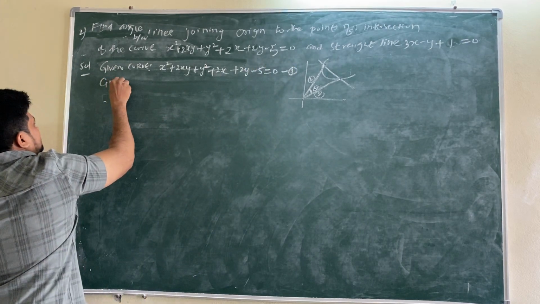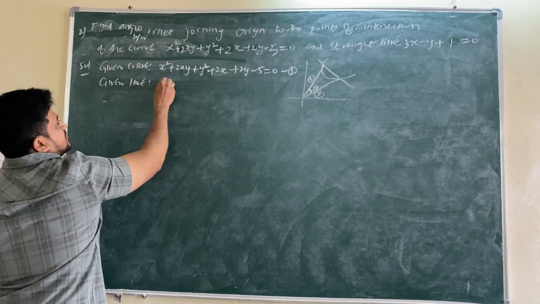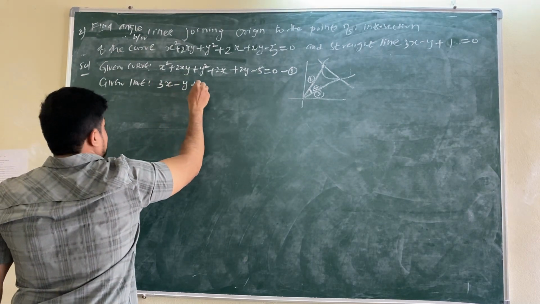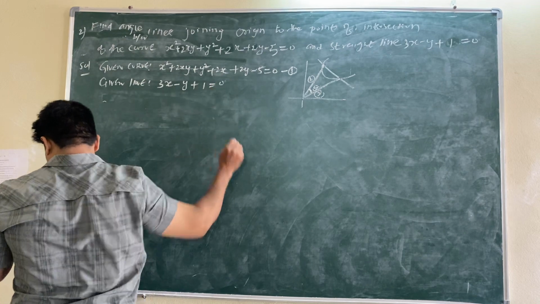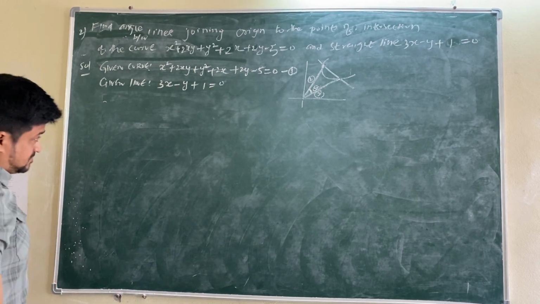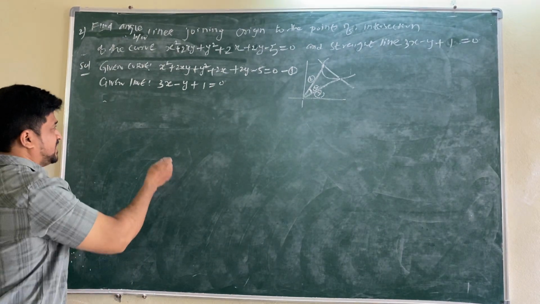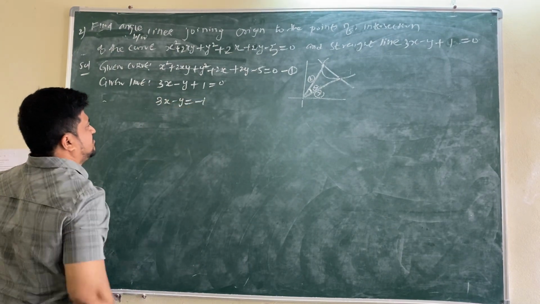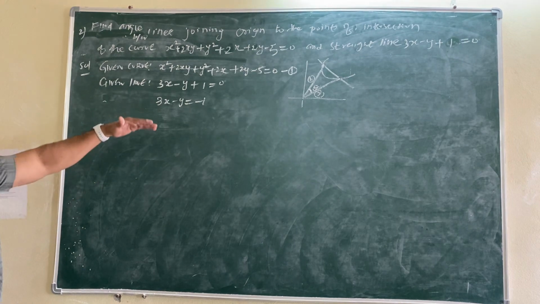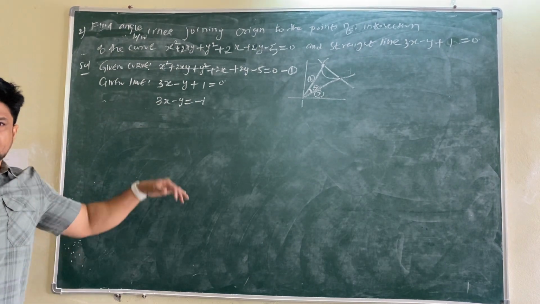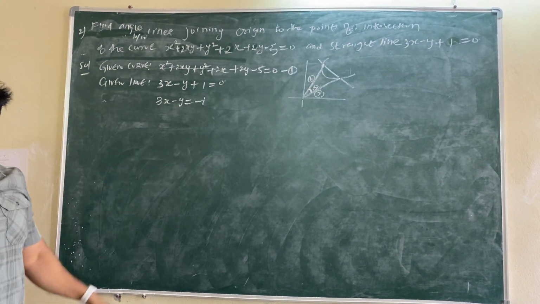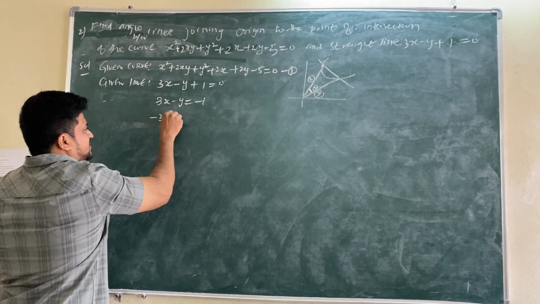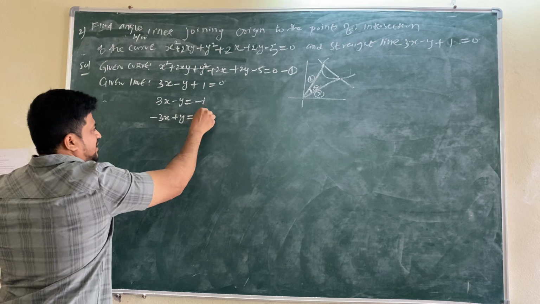Then given line, 3x minus 5 plus, send 1 to right side. 3x minus 1, minus 1. See, if any number is there, we can use it to take denominator to get 1. Already 1 we got, but the sign is negative. So this sign we have to take: multiply this equation with minus sign so that you will get 1 here.